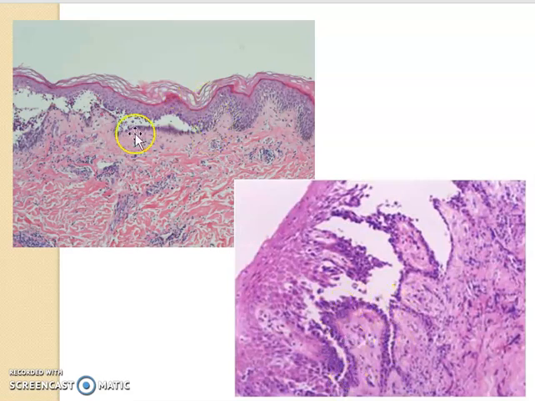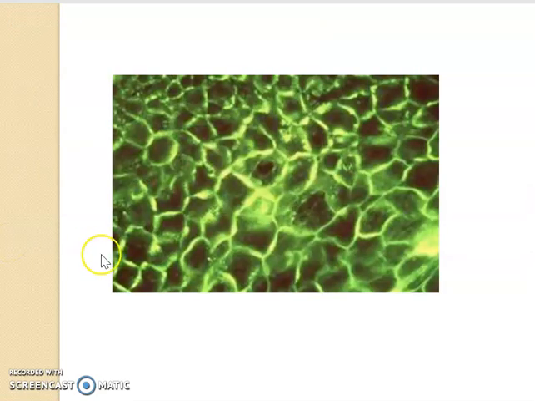This is H&E. Another investigation is immunofluorescence, in which the antibody is tagged with fluorescent light. Here they exist in between the cells, at the desmosome locations.